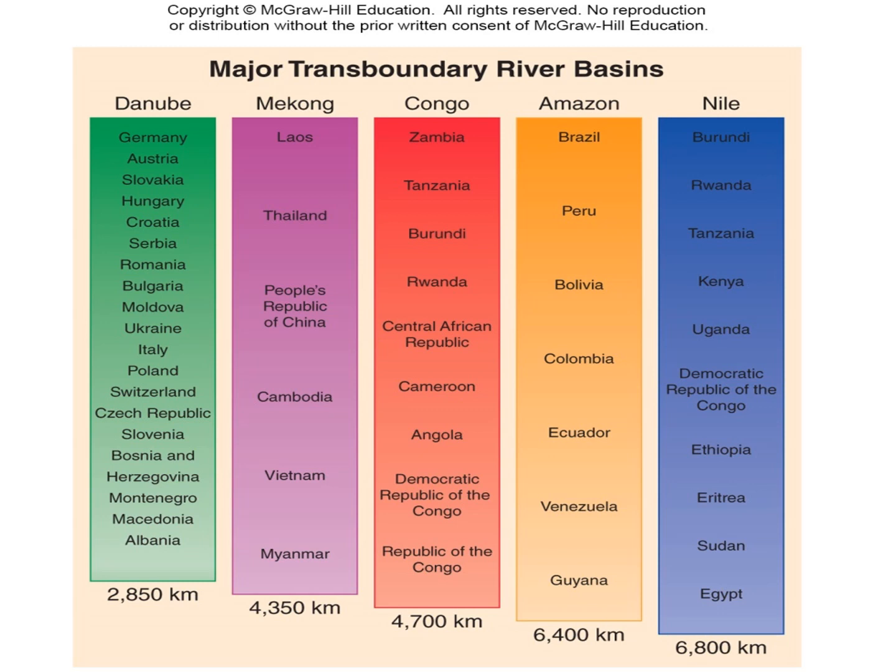But if you look at other parts of the world, in Europe, the Danube River interacts with about 20 countries, because the entire catchment of the Danube River drains across 20 countries.